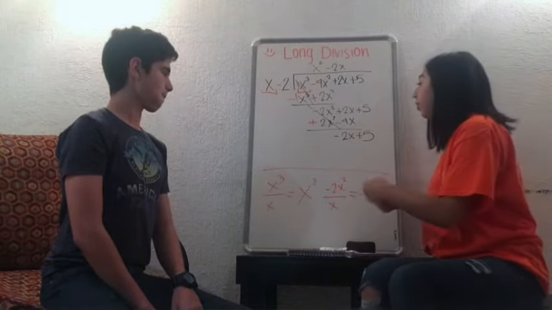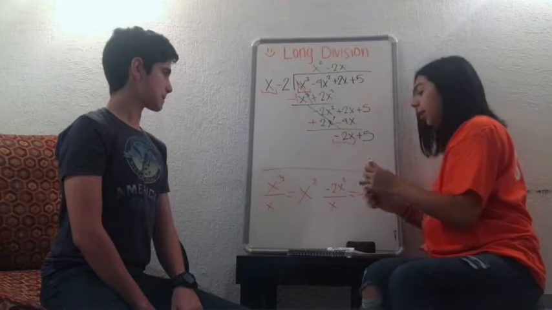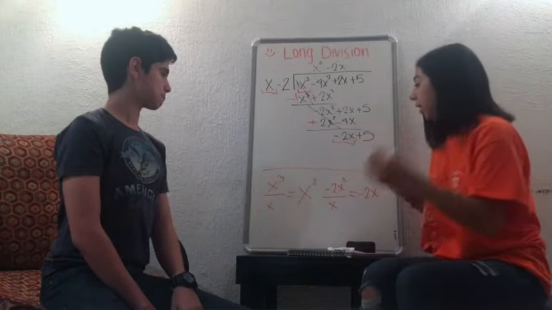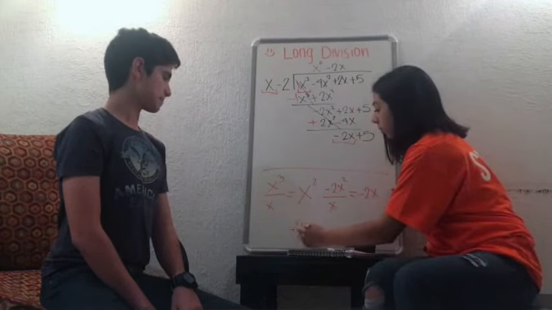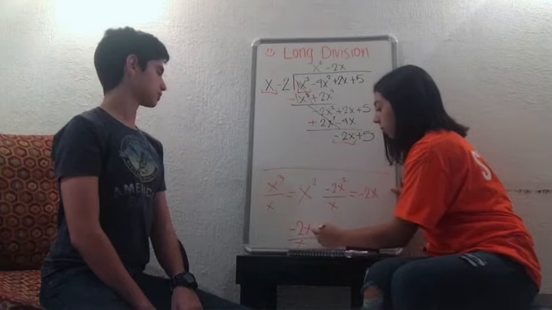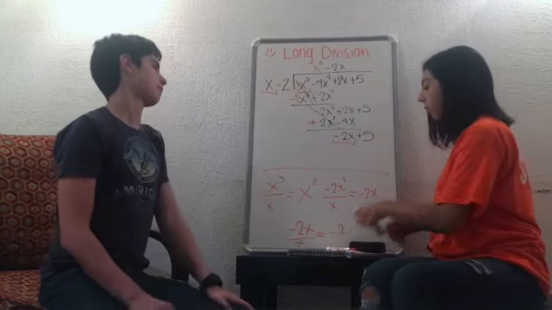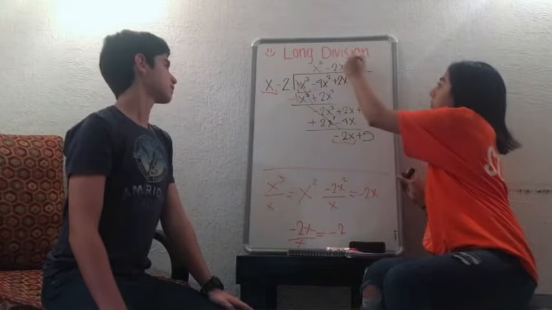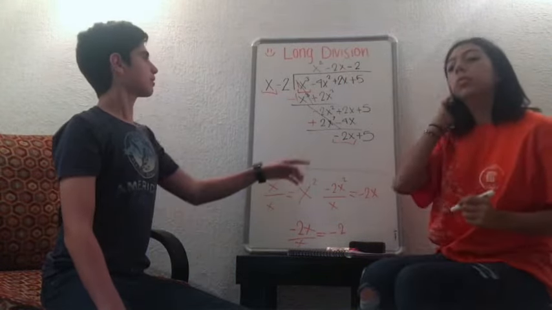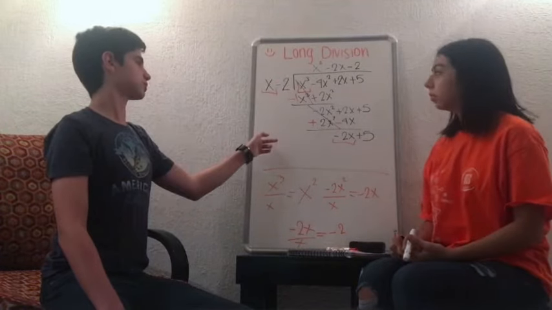Once again, we take our first term, which is negative 2x, and we divide it by the x. That gives us negative 2, and we're going to put it up here. Then we're going to multiply that negative 2 times x, that gives us negative 2x.